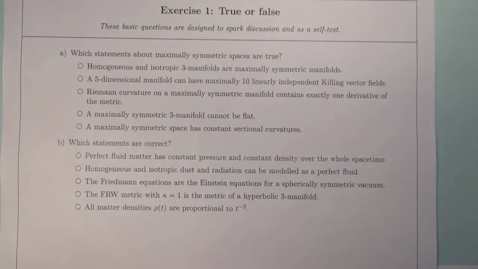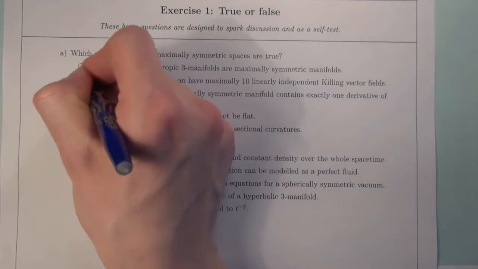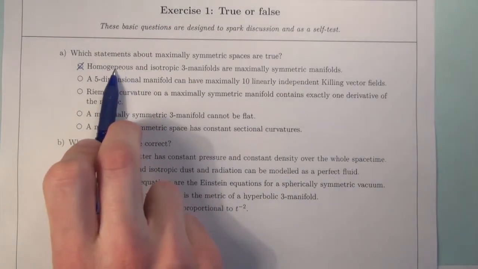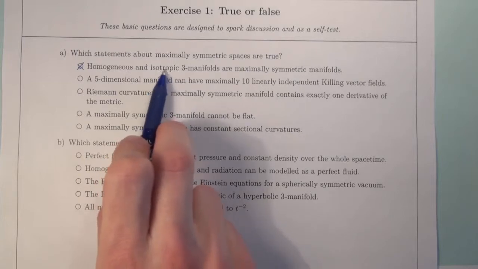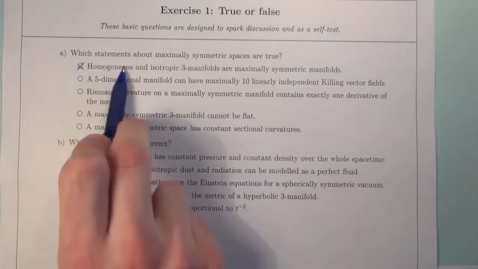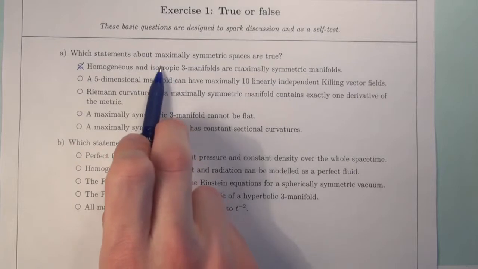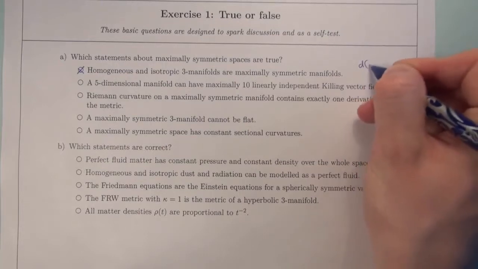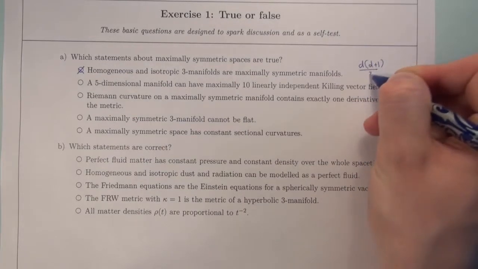And the first statement on that is homogeneous and isotropic 3 manifolds are maximally symmetric manifolds. That is right, since homogeneity produces 3 Killing vector fields and isotropy produces also 3, so translations and rotations. These are 6 in total, and if you look at the formula, that is d times d plus 1 over 2.